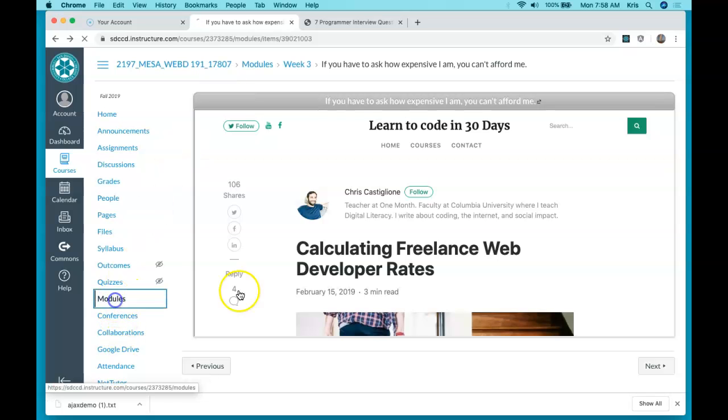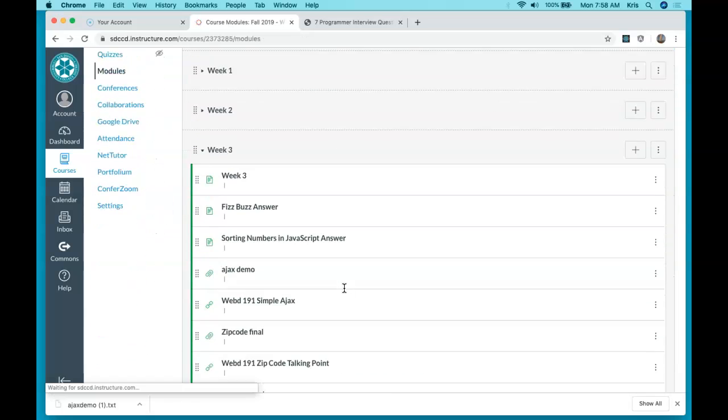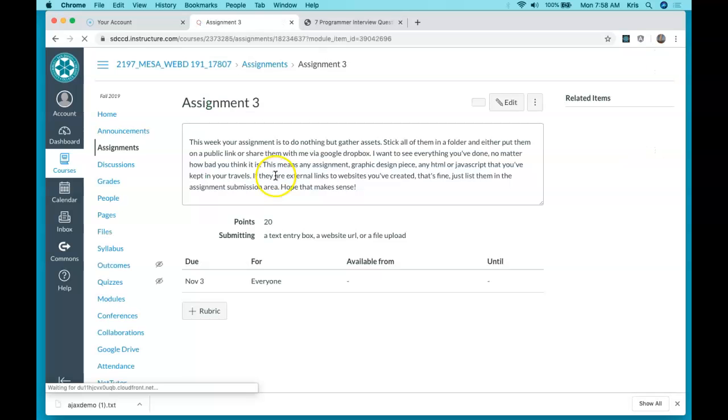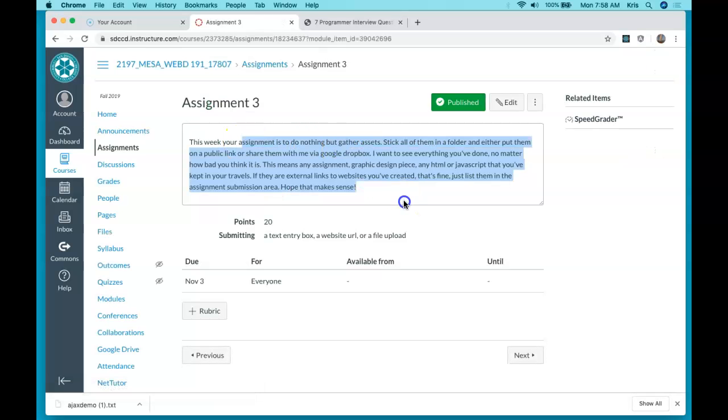If we go to modules again, go to week 3. I don't want to make you dizzy with how much I'm showing you, but we're on to this week's assignment. This week's assignment is to get all of your assets together. That's designs, any code you've done, any homework assignment at any point.